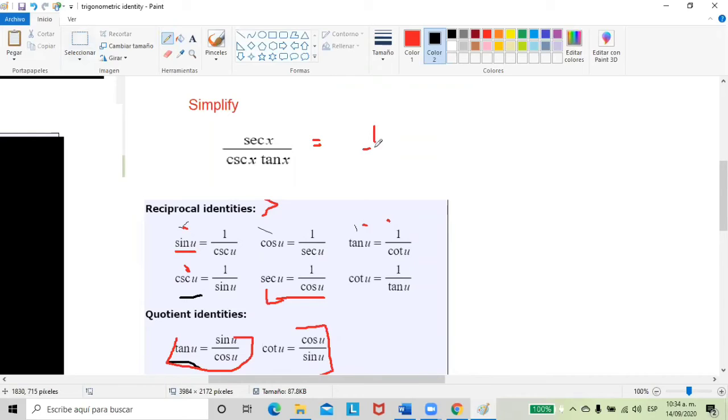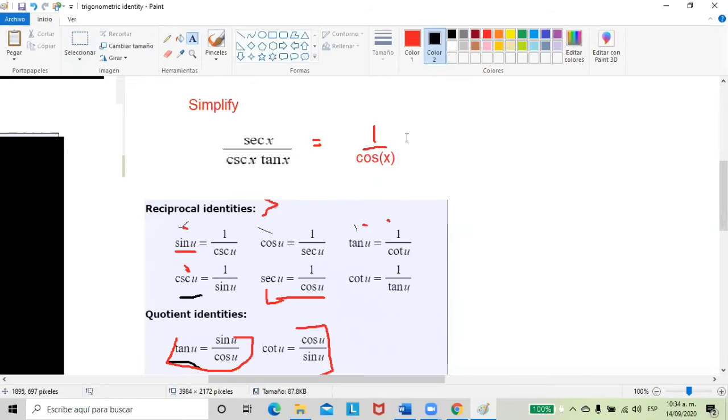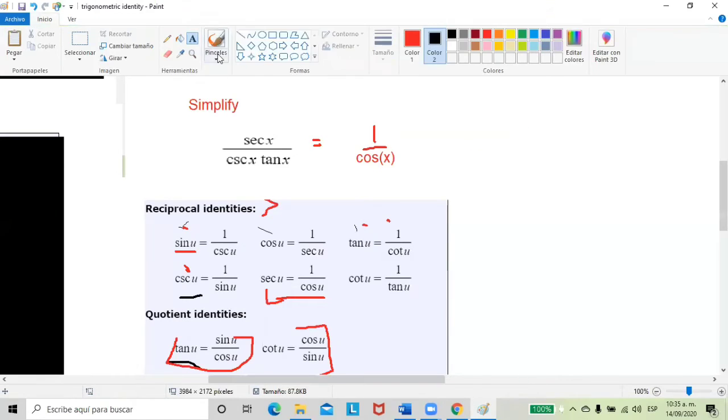Secant is equal to 1 over cosine, and cosecant is equal to 1 over sine. What we had here below, we use the inverse one.